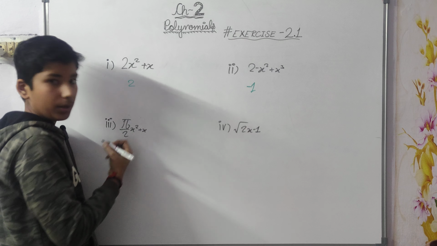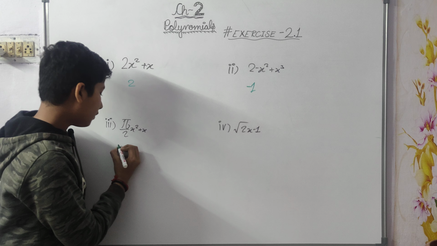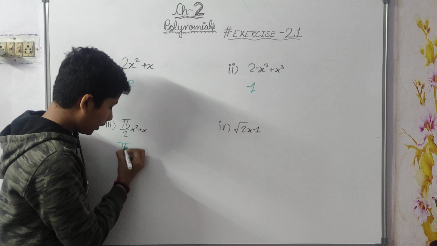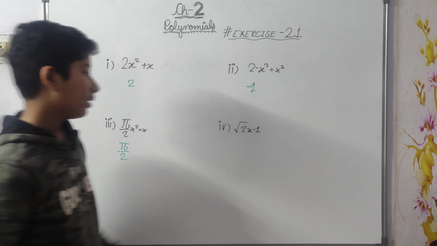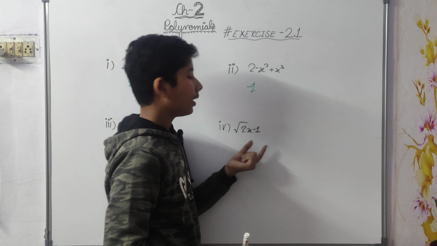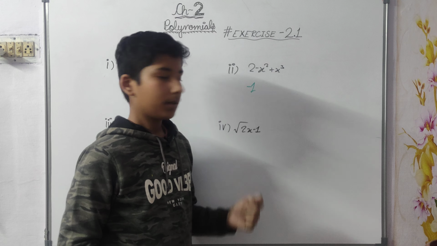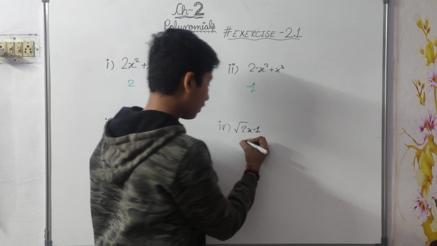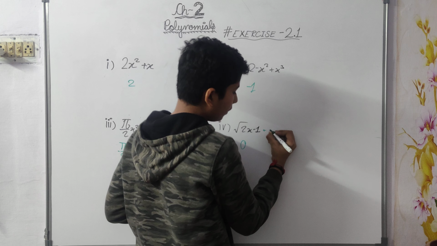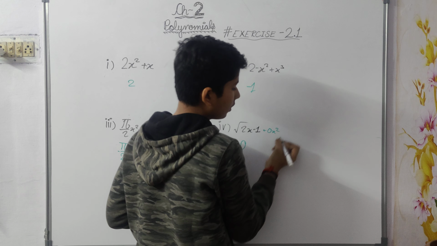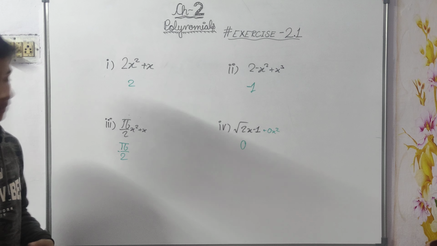Now pi by 2 x square, so the coefficient will be pi by 2. Simple. Now last one. You can see that there is no x square in this whole equation. So basically we'll write 0, because we can write it as plus 0x square. So coefficient will be 0.